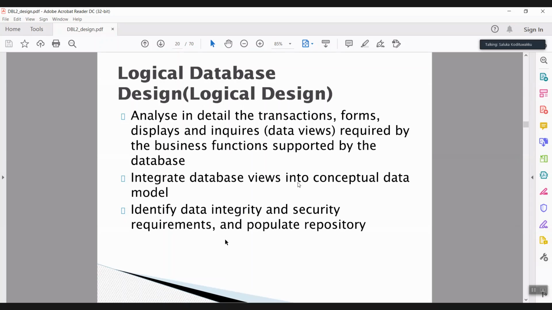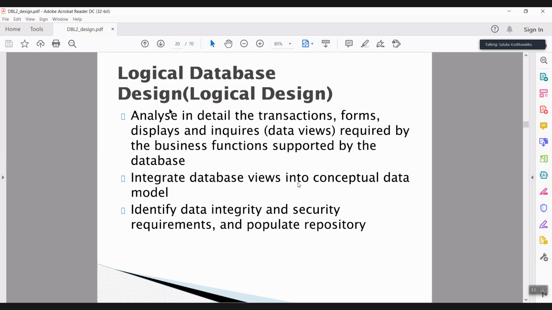Also, what kind of views there are, like in the banking application, where multiple views exist. After completing the conceptual data model, the logical data model should concentrate on the different views, and on the various integrity and security aspects we have to include in our database.